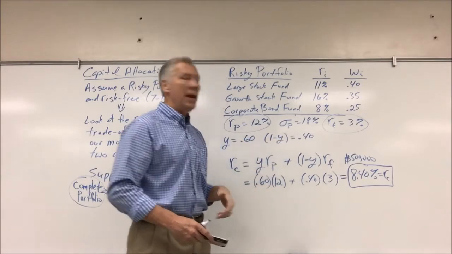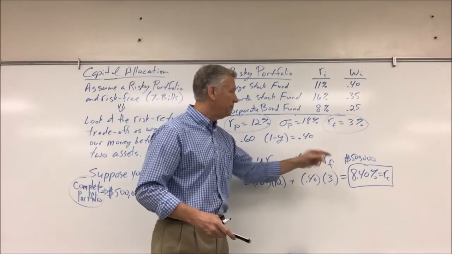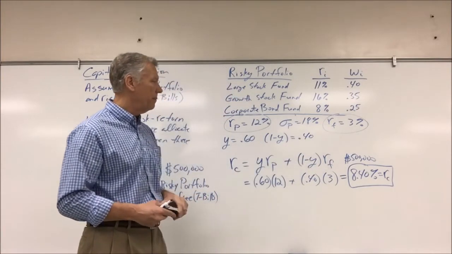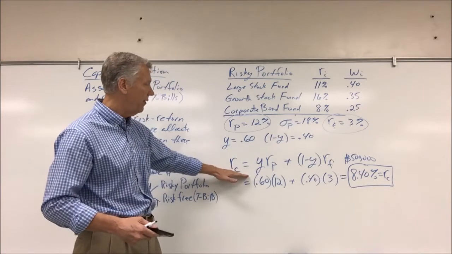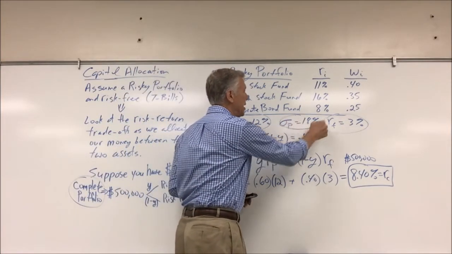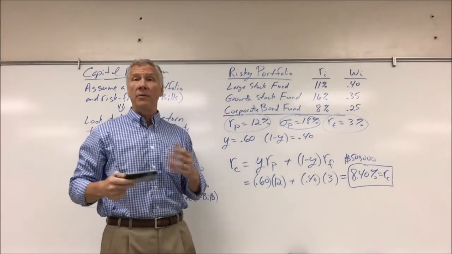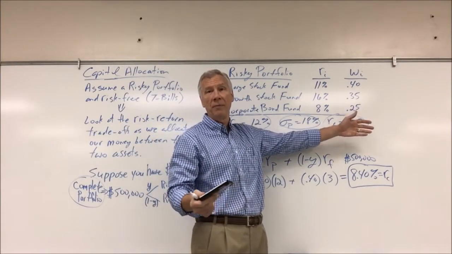How about the risk? How about the standard deviation of our risky portfolio? Not the risky portfolio, but the complete portfolio. We know the standard deviation for the risky portfolio is right here. It's 18%. And what's the risk of the risk-free portfolio? It's going to be 0.